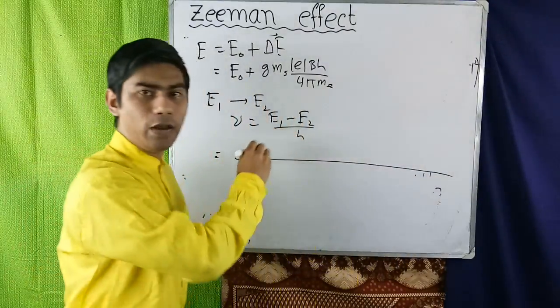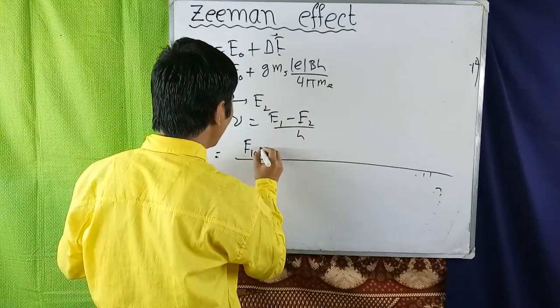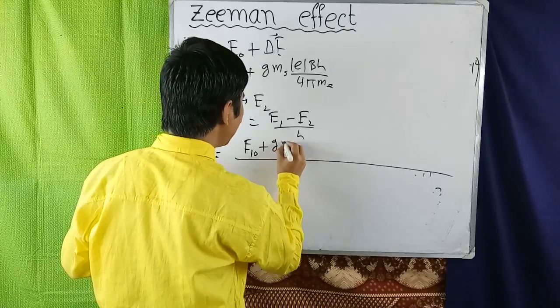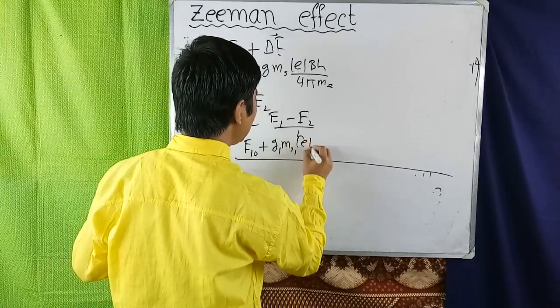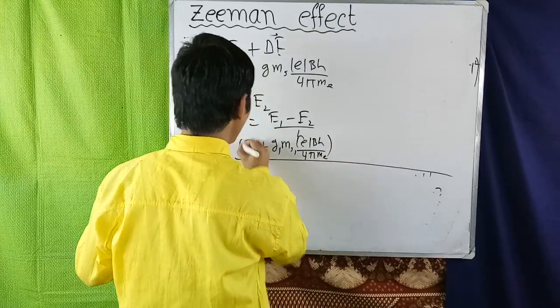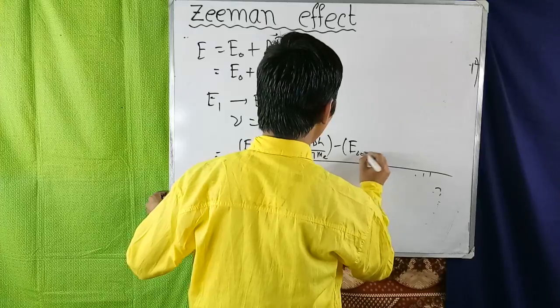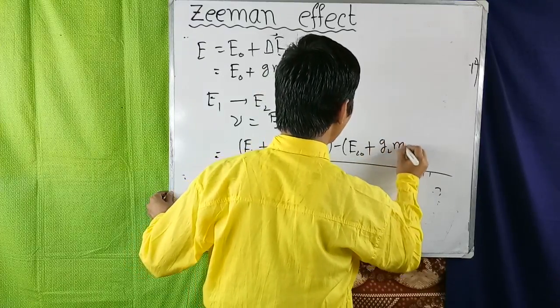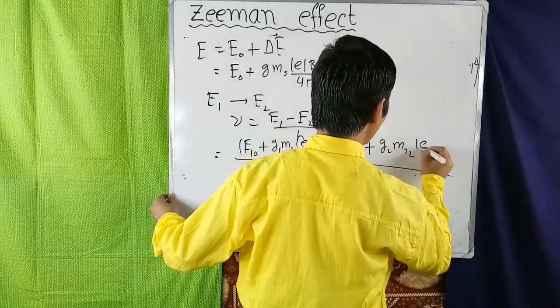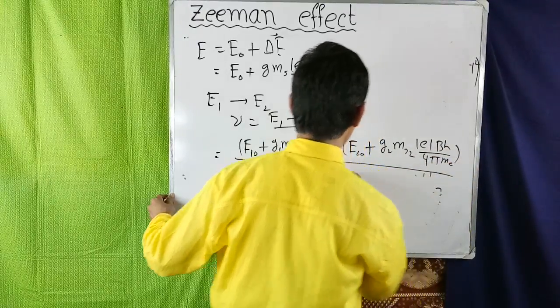now if we put the value of E1 and E2, then we will get E10 plus g1 mj1 into ebh by 4 pi me. Okay, so this is the value of E1 minus E20 plus g2 mj2 into ebh by 4 pi me, by h.